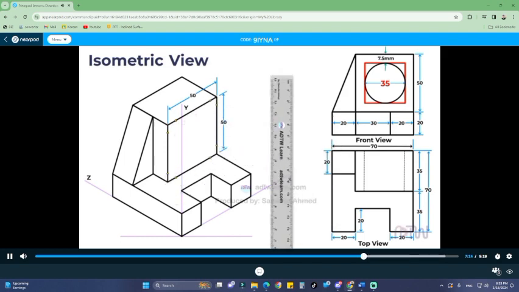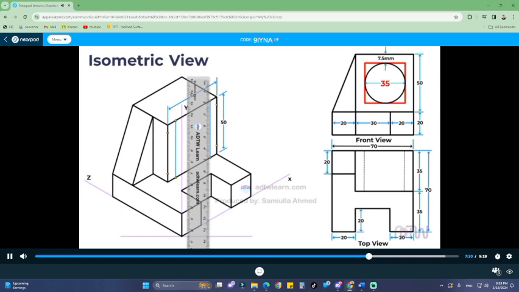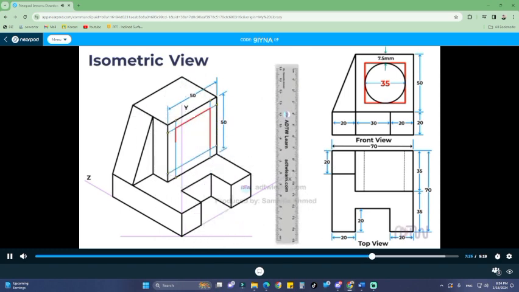Then, draw vertical lines from these points and parallel lines to the x-axis. This will give us the required square with 35 mm sides.